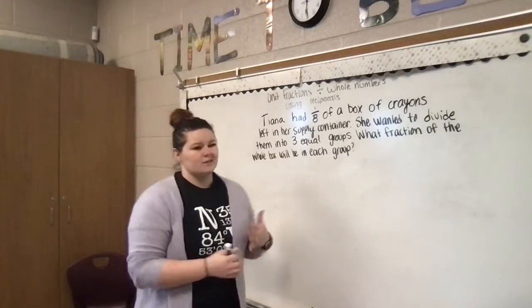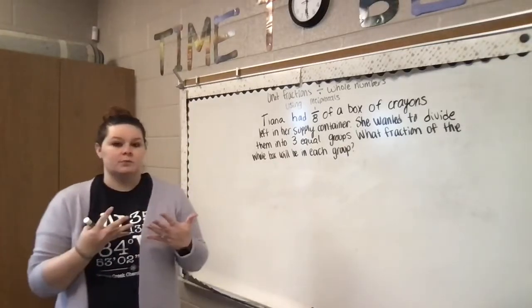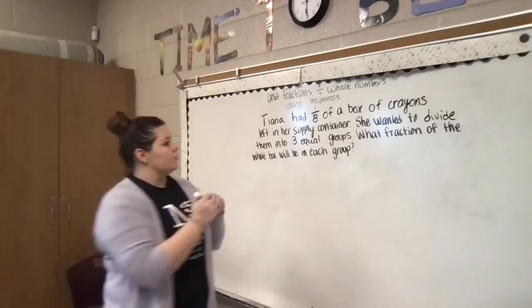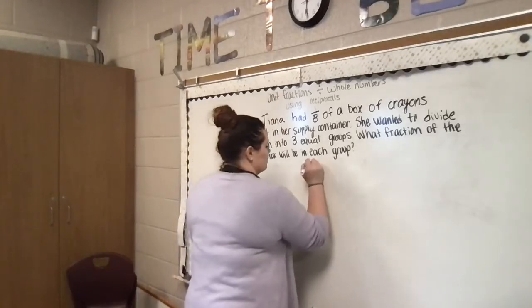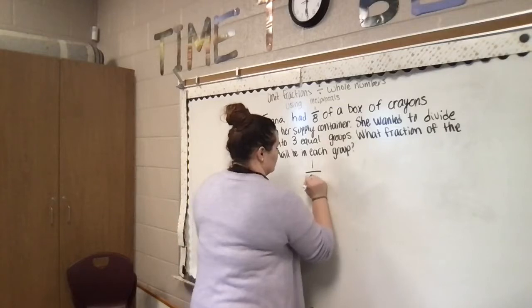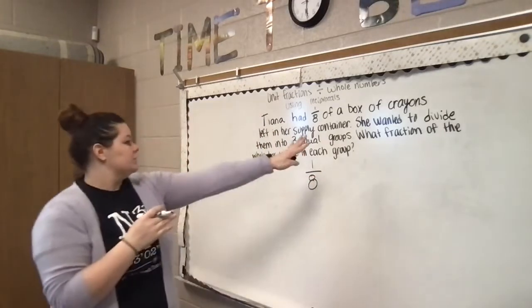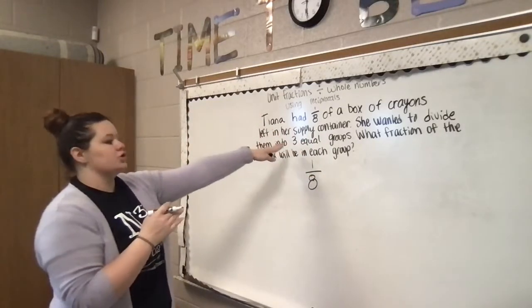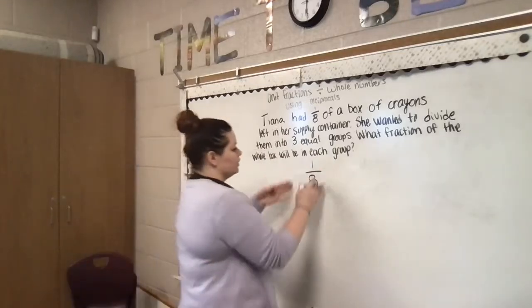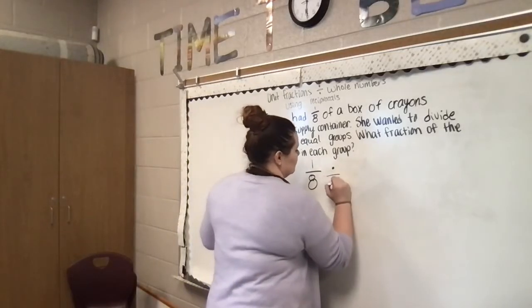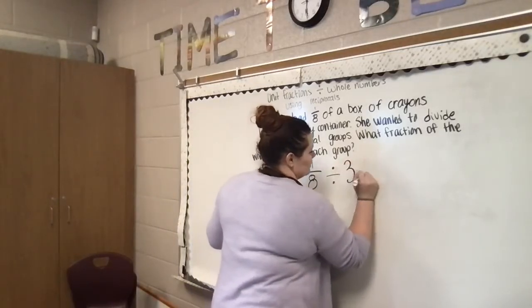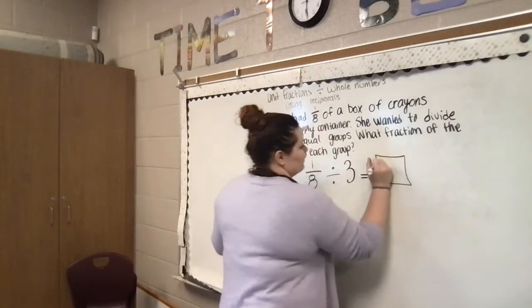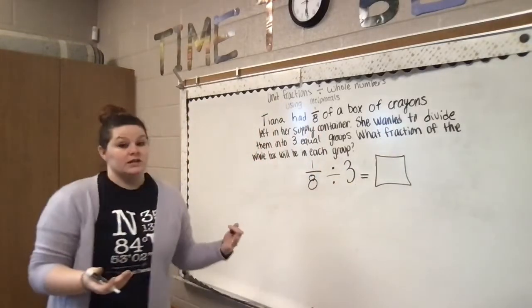We need to think, what are we starting with? What are we splitting up? We're starting with 1/8 of a box. Then she wants to divide them into 3 equal groups. So we're going to divide that 1/8 into 3 equal groups. She wants to know what fraction of the whole box will be in each group.